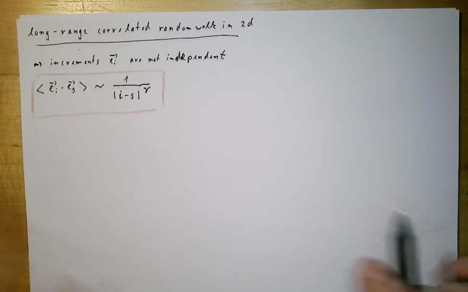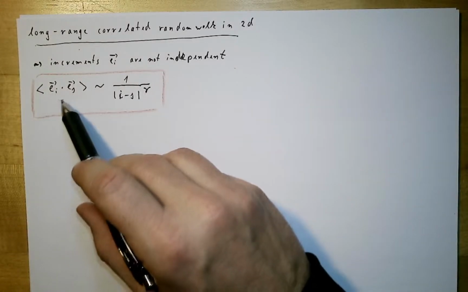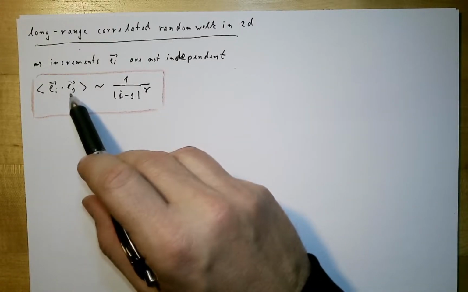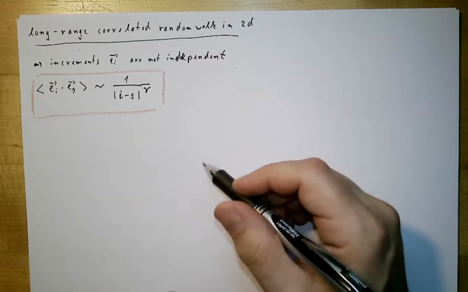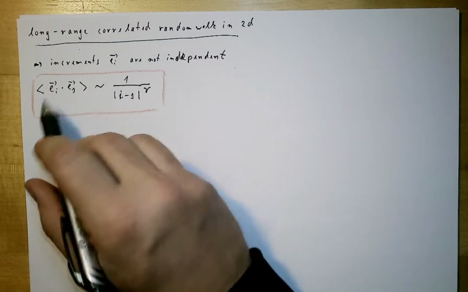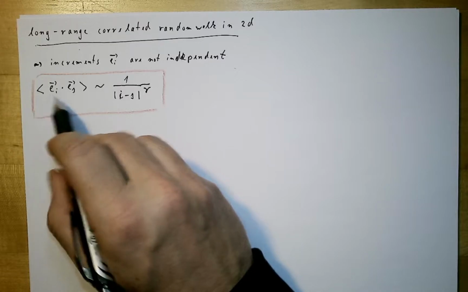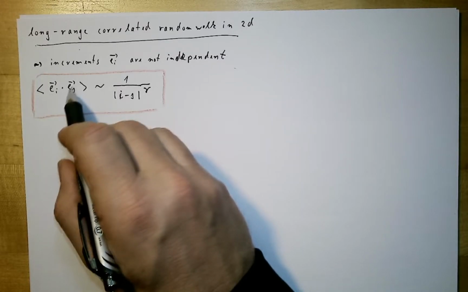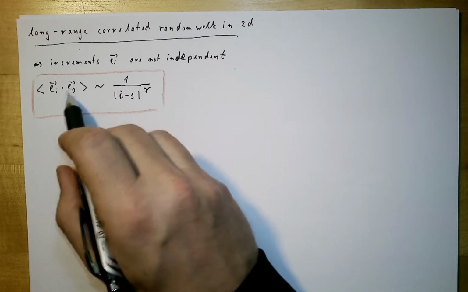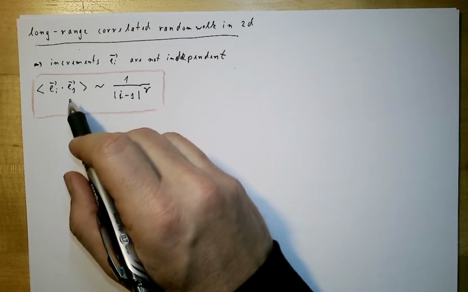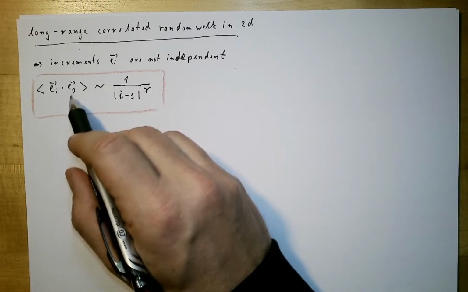And now we can see what possibly could lead to this. Now we can have again the case that the increments can have different sizes.